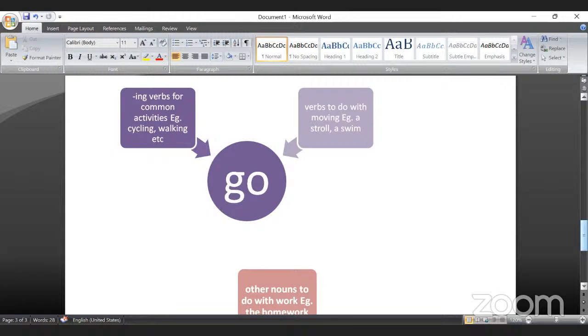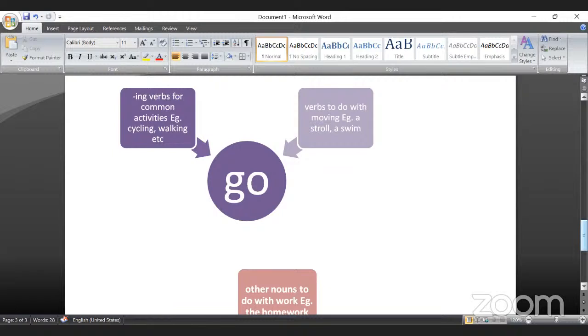The first category that goes along with go is ing verbs for common activities. Now, common activities could be anything. I've just given the example of cycling and walking. It could be shopping, skiing, trekking, karting, anything that you do. Any common activities that you do would be part of this, which is why the verb go in its delexicalized usage is going to draw many combinations.